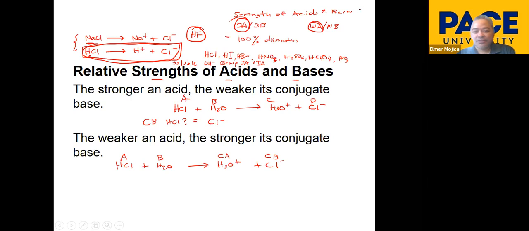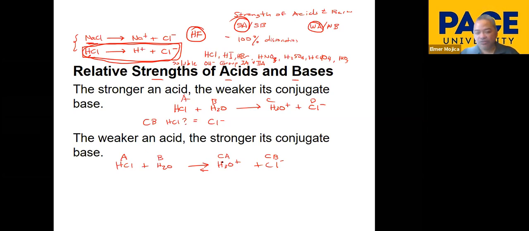Okay. So what is the competing reaction that you have here? The competing reaction is H3O plus reacting with Cl minus. Now, because of the strength, this is a strong acid, so this will be its conjugate base. In terms of strength, this will be weaker compared to the base that you have here.